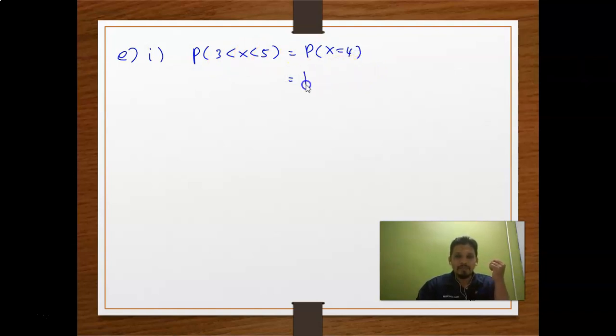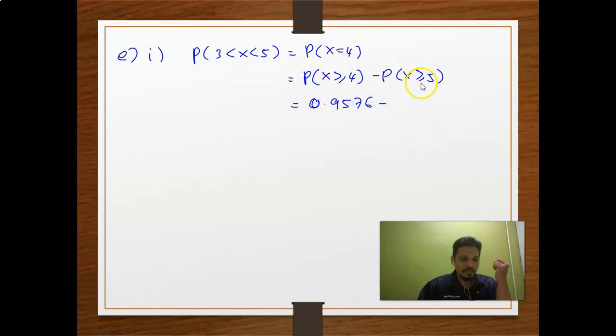We find this using the probability of X greater than or equal to 4 minus the probability of X greater than or equal to 5, straight from the statistical table: 0.9576 minus 0.9004 is 0.057.